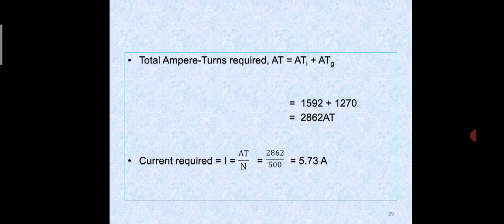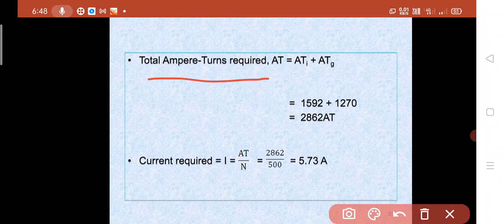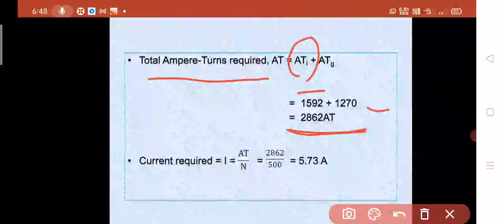And next, total ampere turns required. So AT is equal to ATi plus ATg. So ATg value is 1592 and ATi value is 1270. So total ampere turns required is 2862 ampere turns.